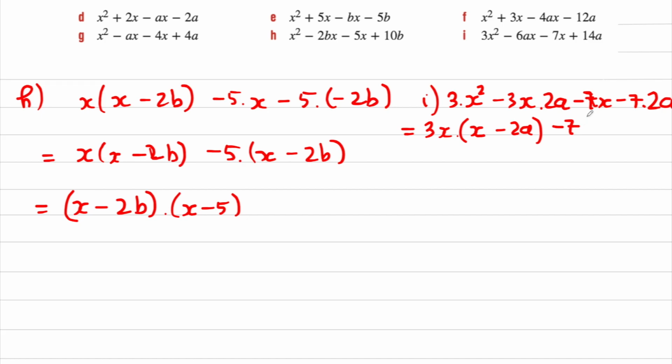And minus 7 will be outside for this one. Here is minus 2a, sorry. Minus 7 is outside. The common factor will be here. Inside the bracket, you got x minus 2a. So after this step, I got x minus 2a as a new common bracket, and 3x minus 7 will be the second one.